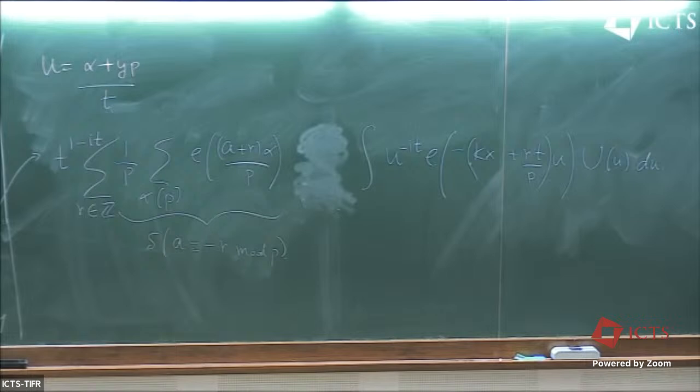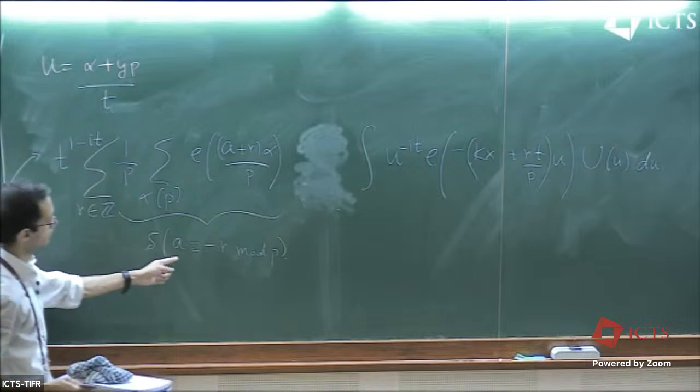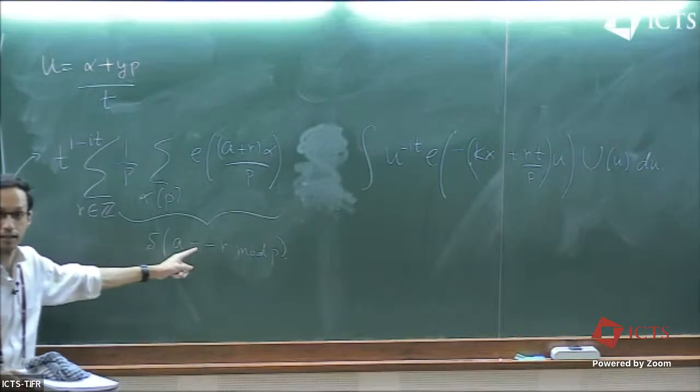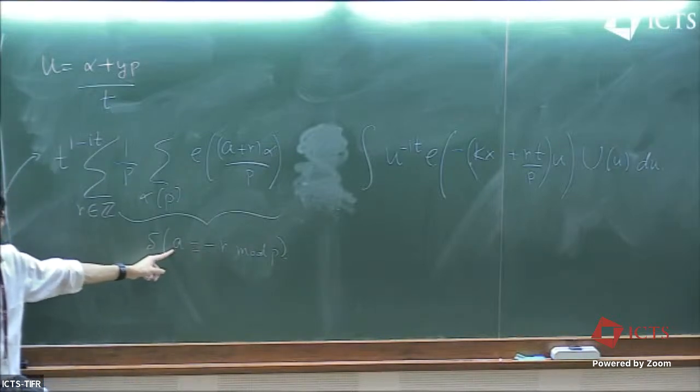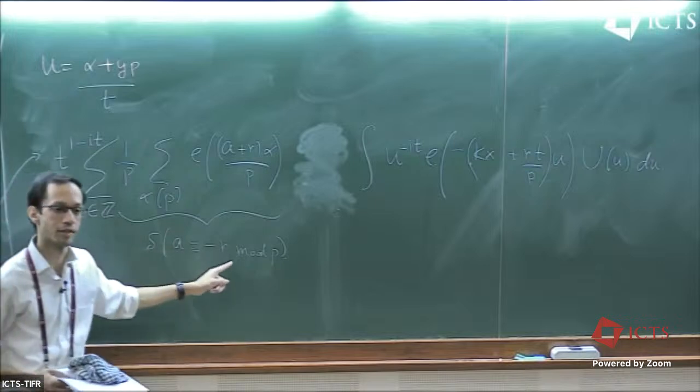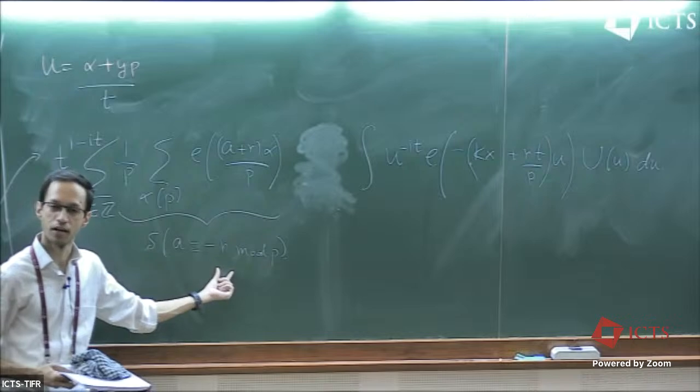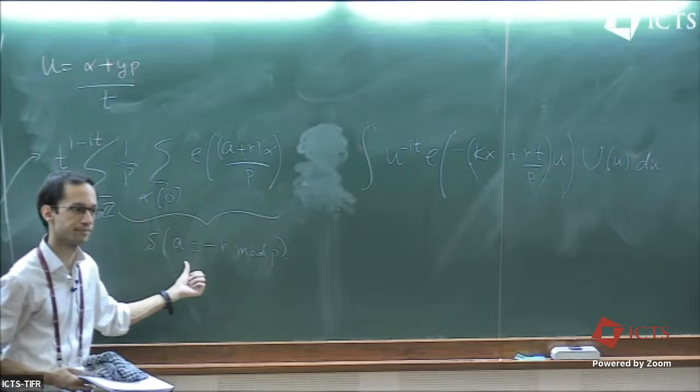Right? So A was running modulo P, and A is congruent to negative R modulo P. So if A is not zero modulo P, then A is co-prime with P. That will mean that R is co-prime with P. And if R is co-prime with P, R cannot be zero. So the only case when R can be zero is when A is equal to zero. Okay.